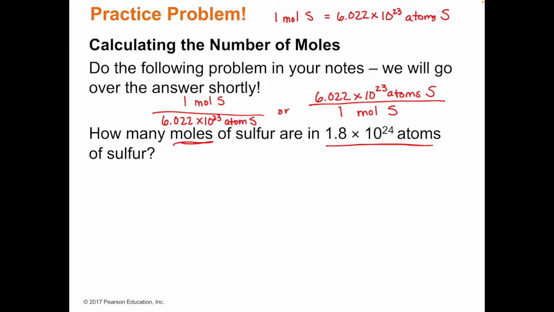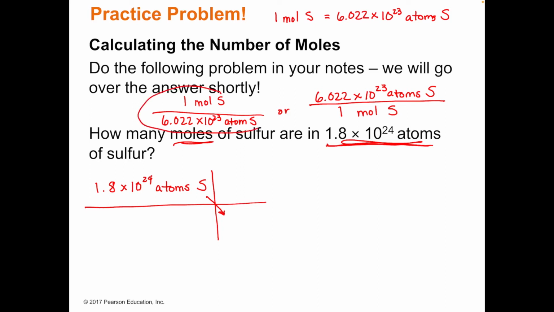We're going to start with our number here. That's going to go in the beginning of our train track. So we have 1.8 times 10 to the 24th atoms of sulfur. So we'll make our train track. We know atoms of sulfur has to cancel down and to the right. So if we have atoms of sulfur in the top left, we need to have it in the bottom right. That means we're going to use this first one so that our atoms of sulfur cancel out.